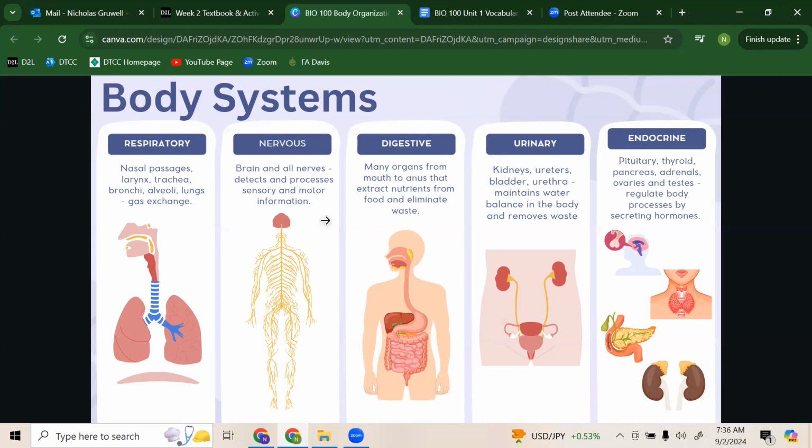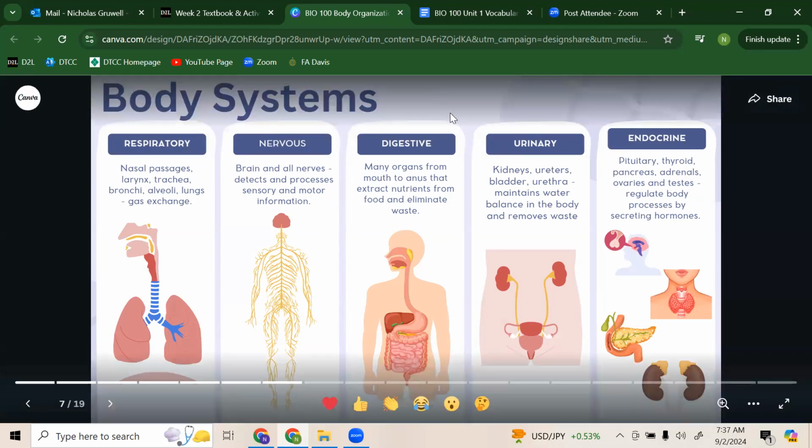Our nervous system, so our brain, our spinal cord, and then all the nerves that branch off of our spinal cord and spread everywhere in our body. So, of course, this is not only sensation and sensory information, but this is how we're going to tell our bodies to move as well.